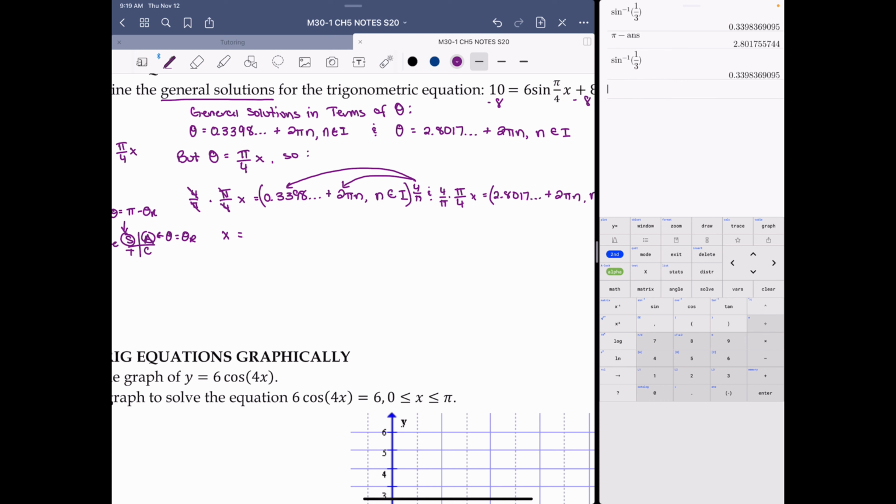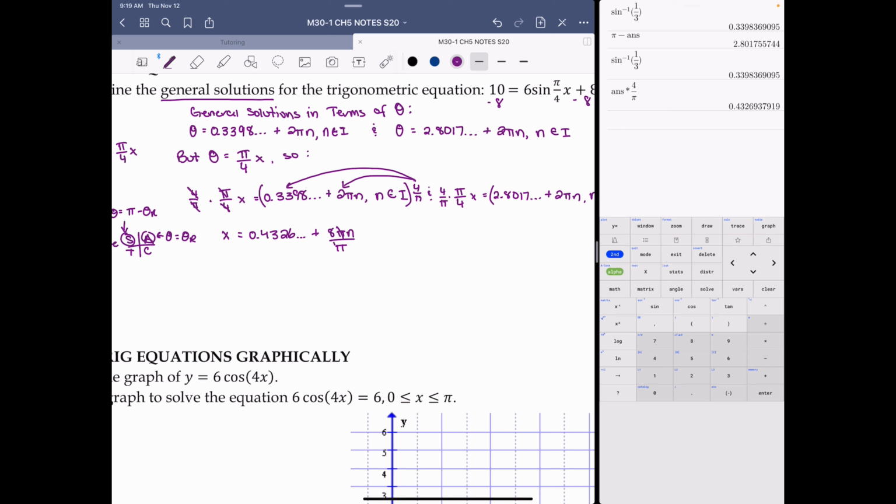And then I'm going to multiply that by the fraction 4 over pi to get 0.4326 ... plus 2 pi n times 4 over pi would give us 8 pi n over pi.